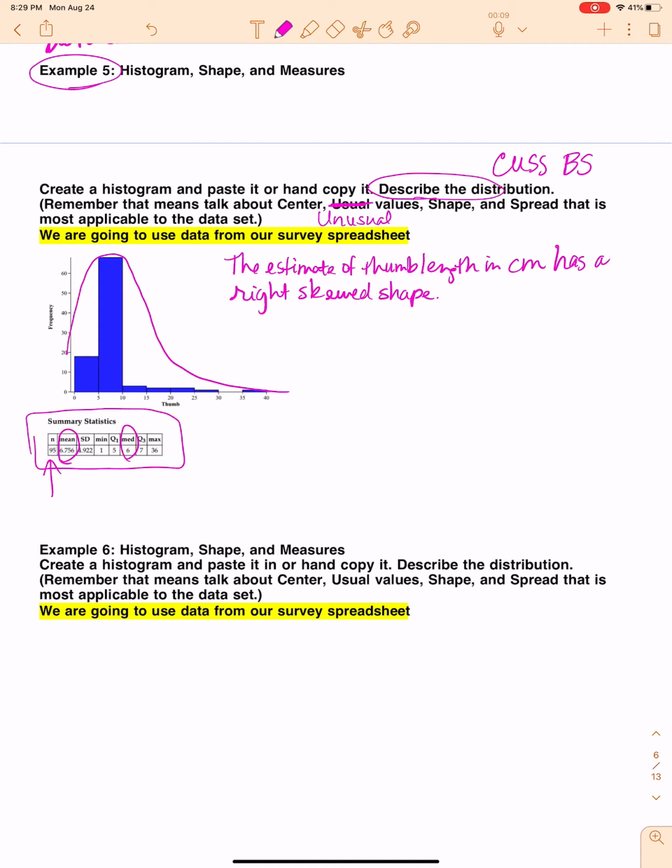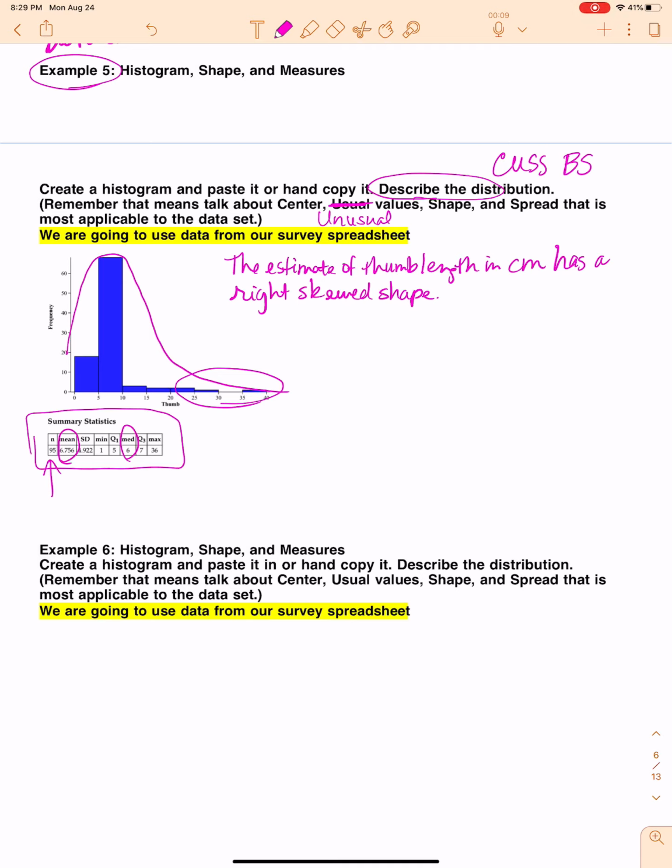Okay, so if I'm going to talk about the center now, if I've established that I have a right skew shape, then I want to talk about the center being the median, because the median is less affected by these extreme values out here that don't really go with the rest of the data. So how am I going to report that?